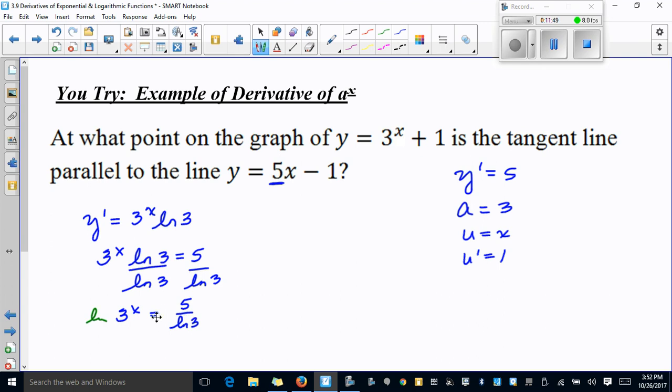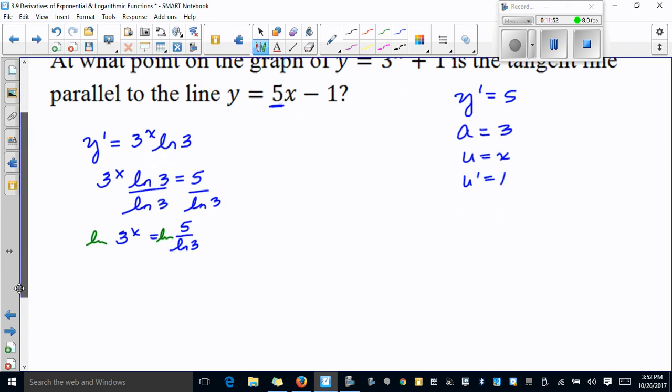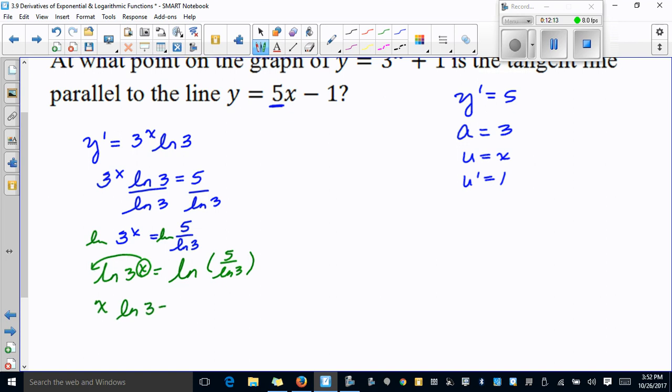Use my power rule. So I have x natural log of 3 equals the natural log of 5 over the natural log of 3, and then divide both sides by natural log of 3. So x is equal to the natural log of 5 over natural log of 3, divided by the natural log of 3.